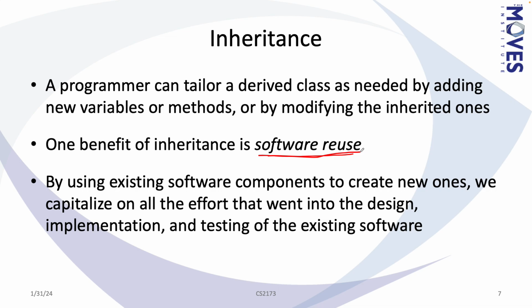Now, it was overhyped, but it's still true to a certain extent, but it requires a little more thought than they had. So the idea is that we can use existing software components to create new ones, and we can capitalize on all the effort that we had.